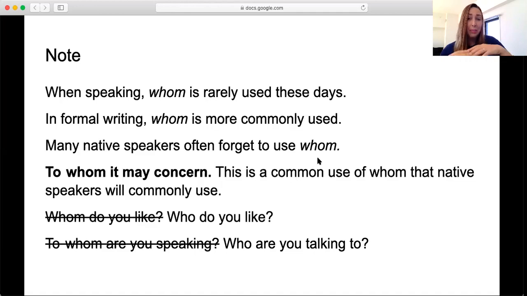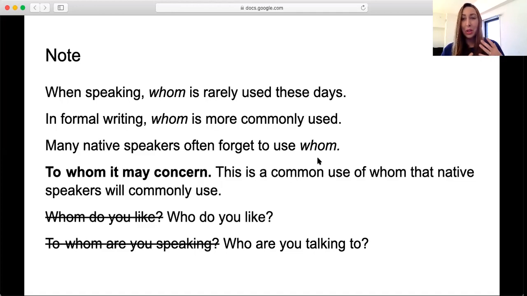So if you use whom correctly, don't worry. That is totally fine. Especially if you're writing, especially for taking a test, whom may appear. However, don't get confused if, when you're speaking with a native speaker, they don't use whom, they use who. It's just become more common.